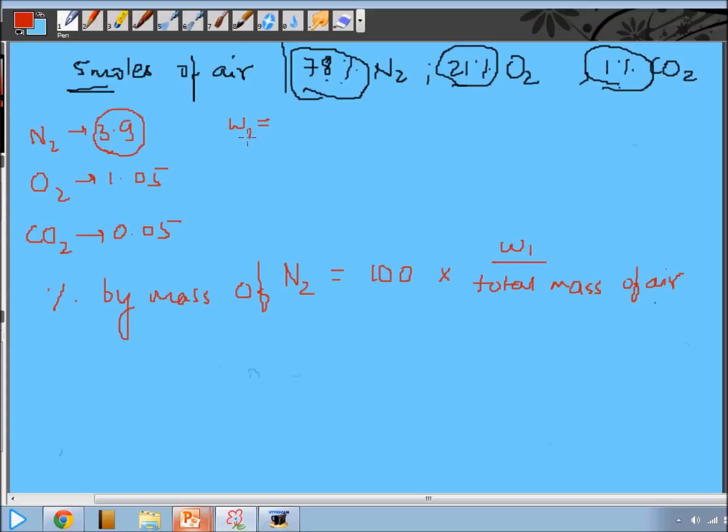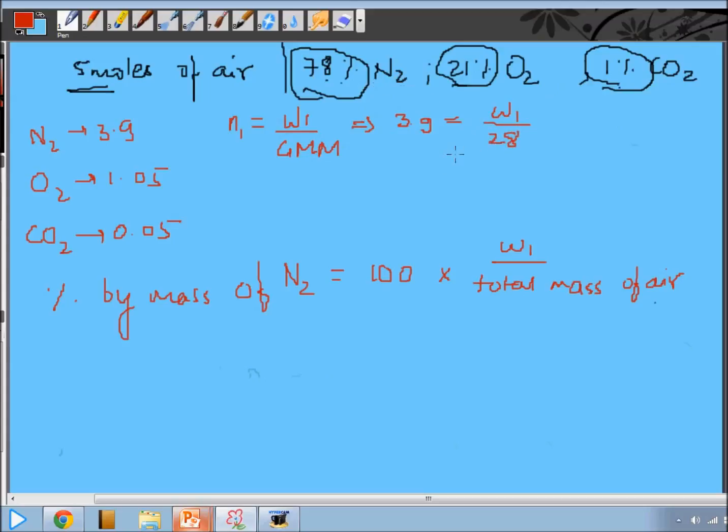We use the formula we studied in our last session: moles, that is N1, of nitrogen is equal to mass of nitrogen divided by its gram molecular mass. So N1, which is 3.9, is equal to W1 divided by the gram molecular mass of nitrogen. 14 plus 14, 28 gram.